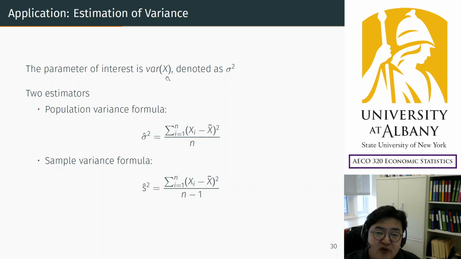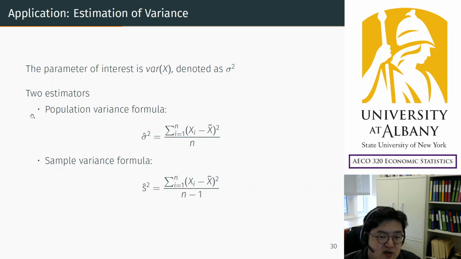If you calculate the variance using an infinite number of observations, we call that population variance. If you calculate variance using your sample, we call that sample variance. So the name of the formula doesn't mean the same thing. They just happen to have the same name, but both are based on the sample.